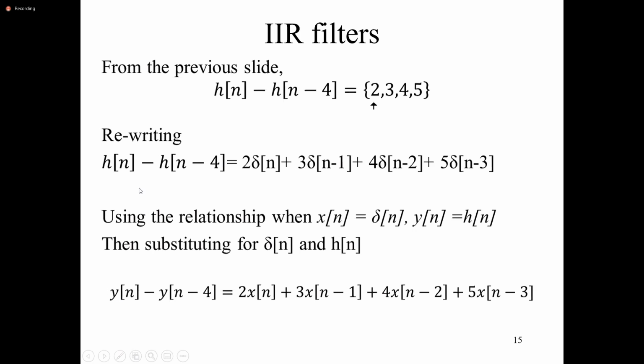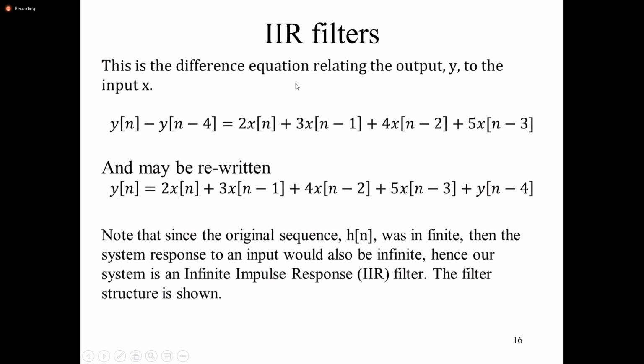So this becomes y of n minus y of n minus 4, and where you see delta n, you substitute x of n: 2x of n plus 3x of n minus 1 plus 4x of n minus 2, and so on. So now what you have here is the difference equation relating the output y to the input x.